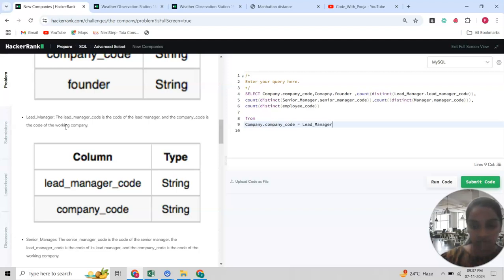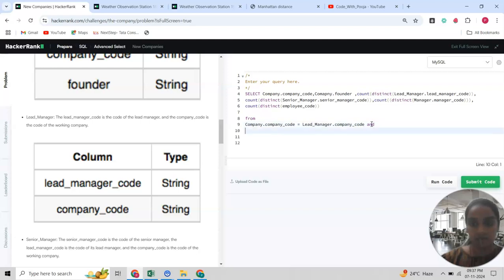Lead manager dot company code. Okay, lead manager dot company code.